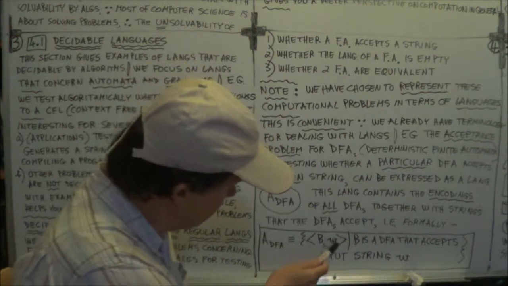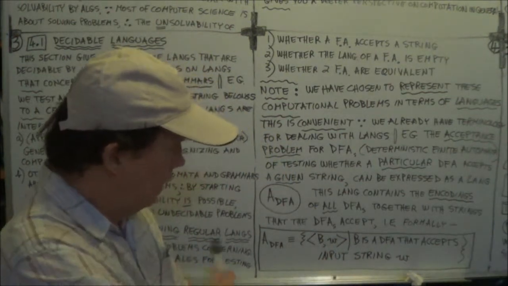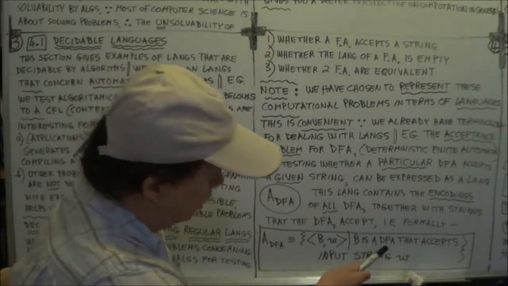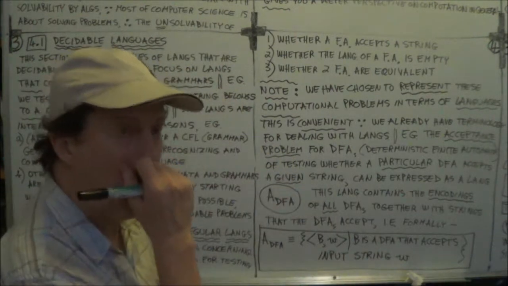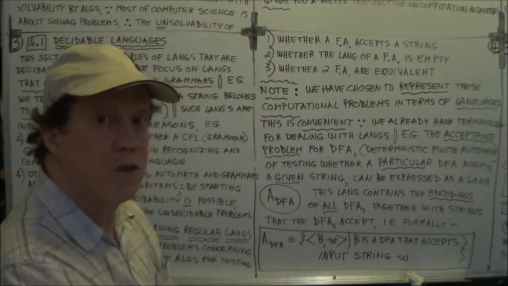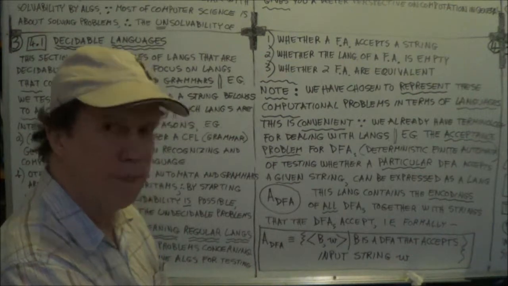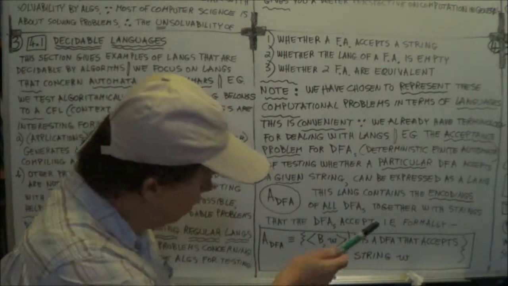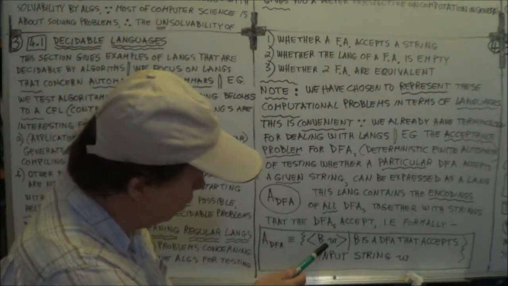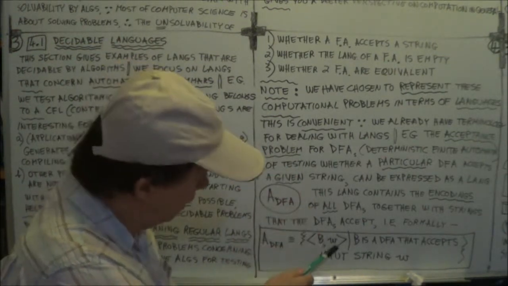All right, so what are these two things? B is your machine, your DFA, and W is a string, any string. So any machine, any DFA, and any string.